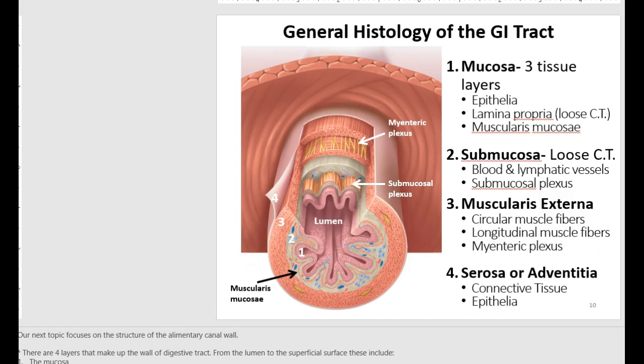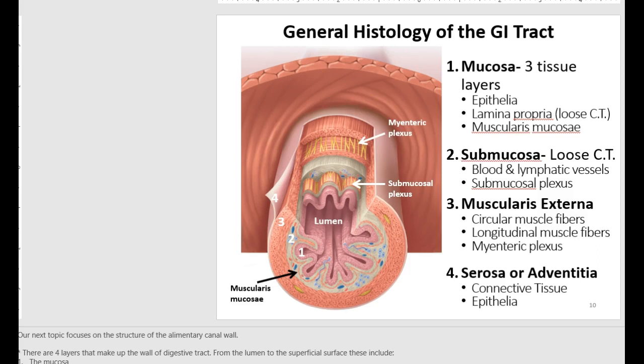Our next topic focuses on the structure of the alimentary canal wall. There are 4 layers that make up the wall of the digestive tract. From the lumen to the superficial surface, these include the mucosa, the submucosa, the muscularis externa, and then finally, most superficially, the serosa, sometimes called the adventitia. There are specific tissue types in each layer.